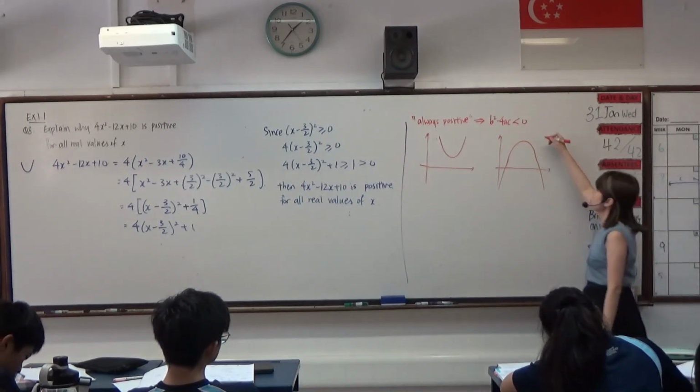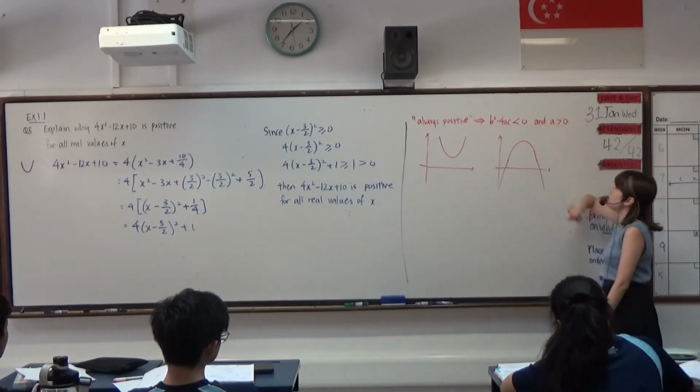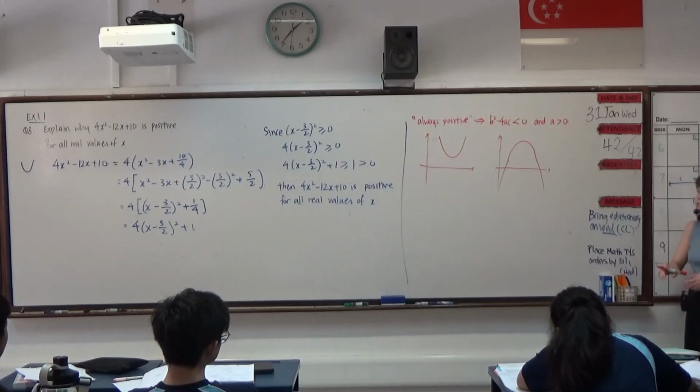So there are two conditions to it. It must be of this shape, and that means your coefficient of x squared must be more than 0.